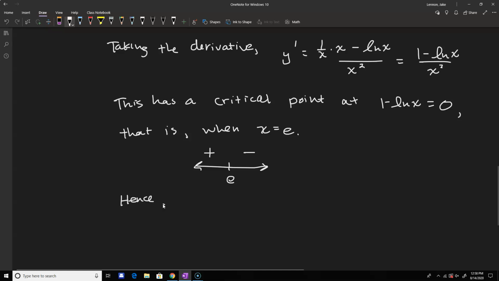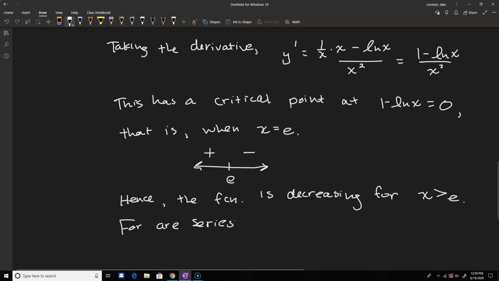So hence the function is decreasing for x greater than e. So that tells us what we want to know. That means for our series, the terms must be non-increasing for, let's say, k greater than 3.